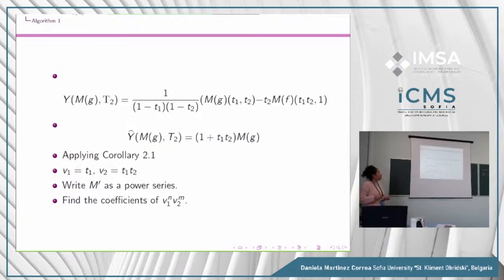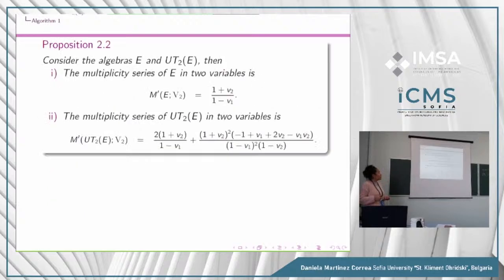Okay, so the first case was the Grassmann algebra, and the multiplicity series of the Grassmann algebra is given by this expression. The second case is UT2 of E, and the multiplicity series is given by this expression.